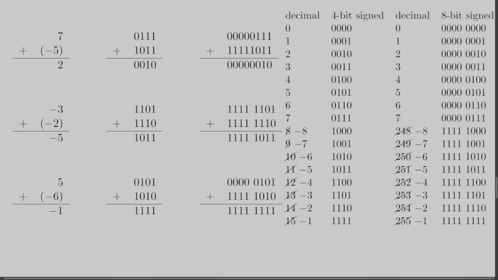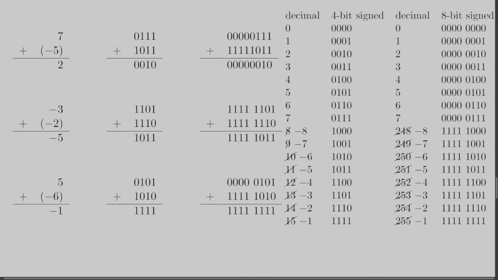For example, 7 is 0111 in binary. Negative 5 is 1011 in two's complement. If we add them up, we get 10010, but we have to drop the last carry to fit in the 4 digits.